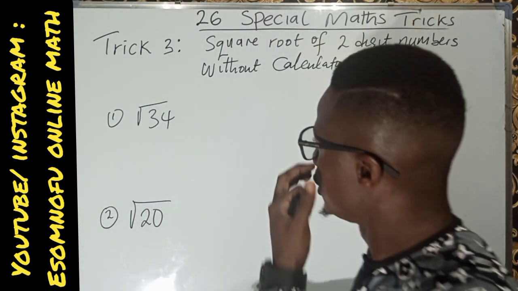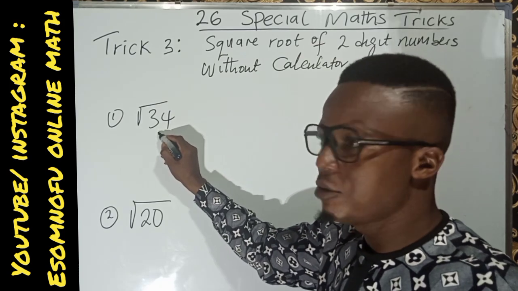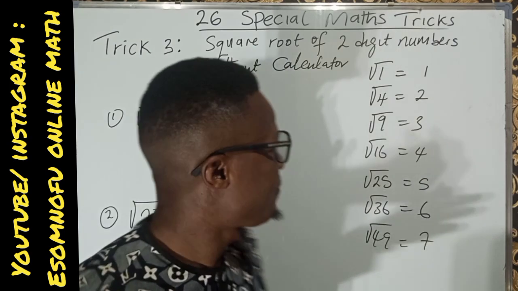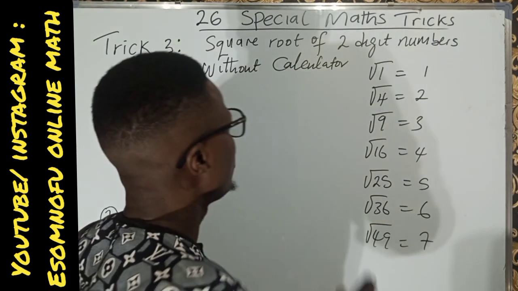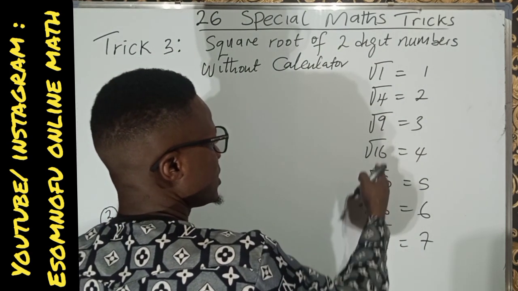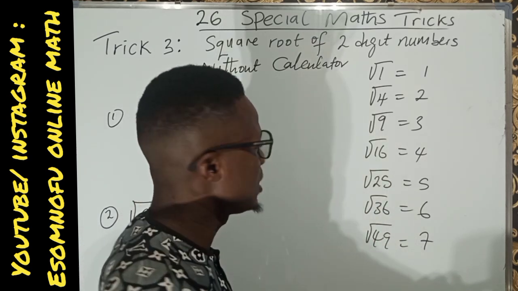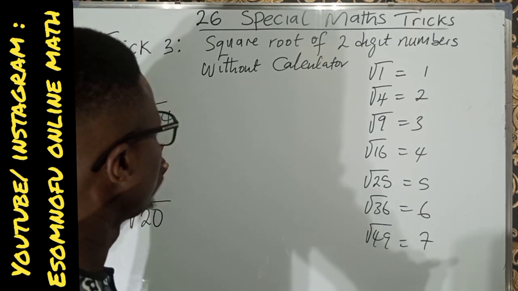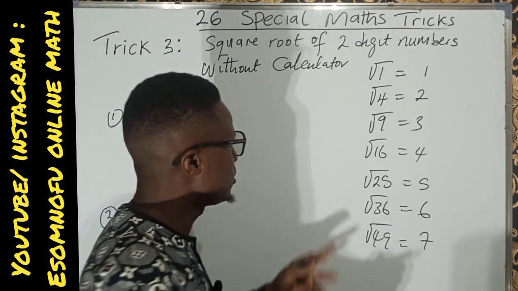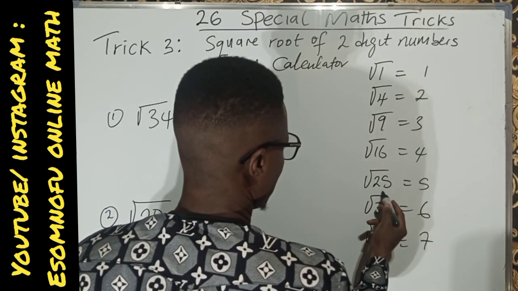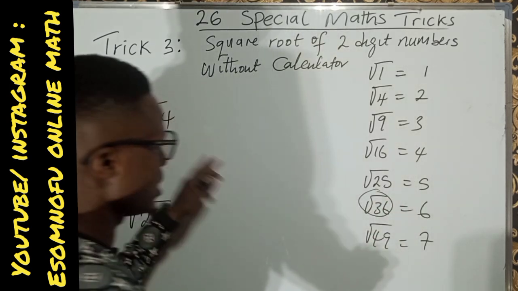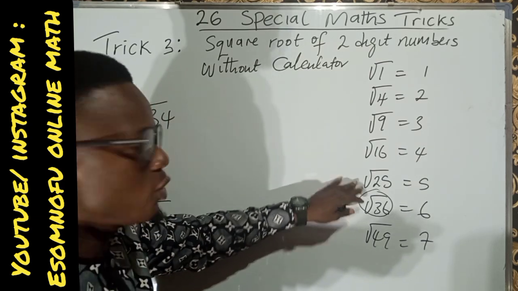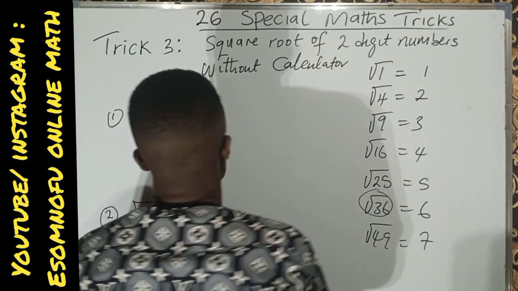Okay, now, for me to find the square root of 34, I'll ask myself, among all these perfect squares we have here, 1, 4, 9, 16, 25, 36, and 49, which one is closest to 34? The value that is closest to 34 is 36, because 34 is very close to 36. 49 is very far from it. 25 tries to be close, but the closest is 36.